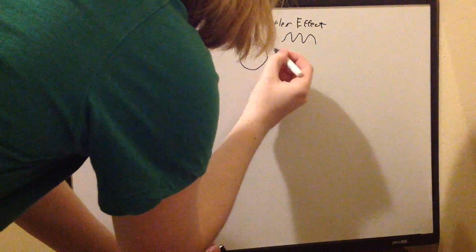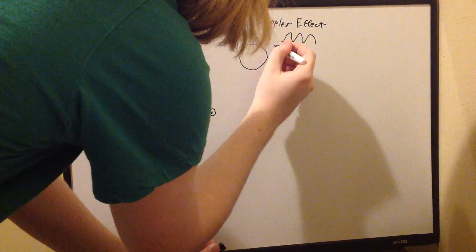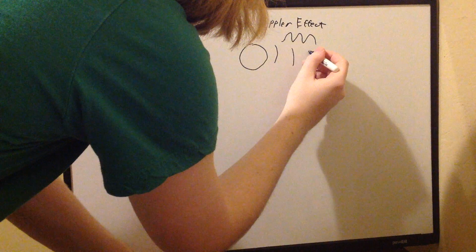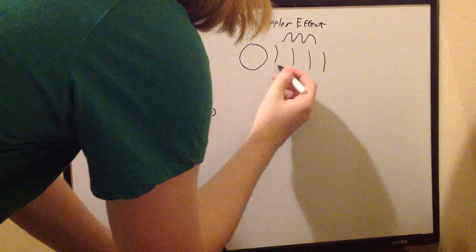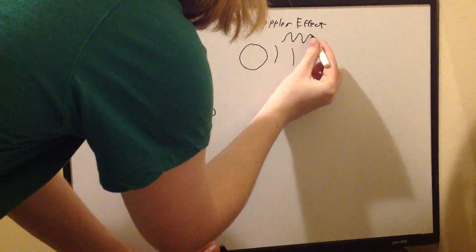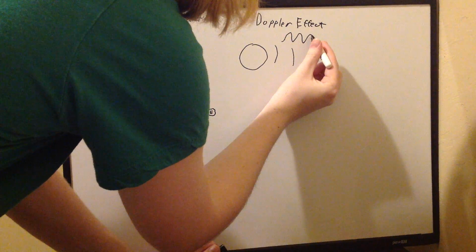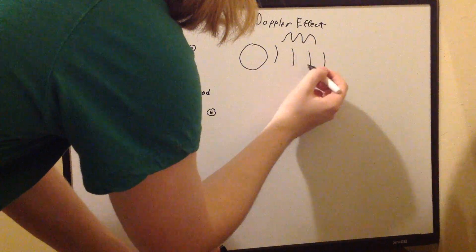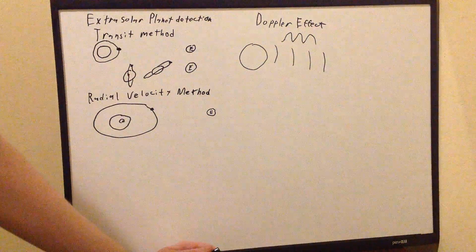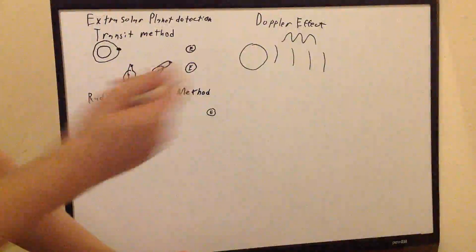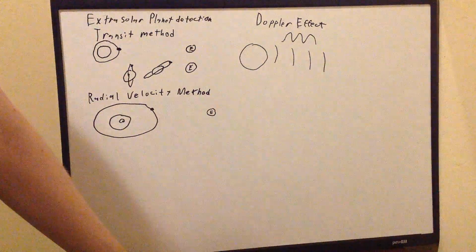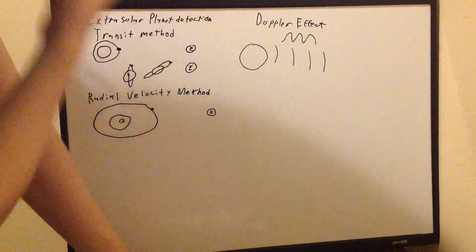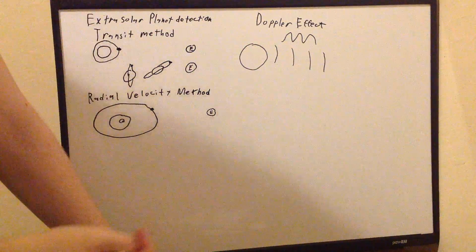I'm going to draw the waves that this wave-emitting thing is giving off like this, where each line is like the crest, like the peak of a wave, right? And then the valleys between each wave are in here. I'm not going to draw them. I'm just going to leave them implied by the fact that these are all the crests. And they're about evenly spaced. This is emitting a wave of a constant wavelength, right?